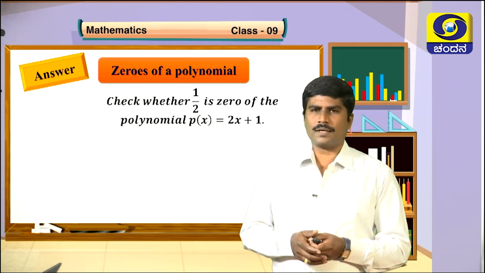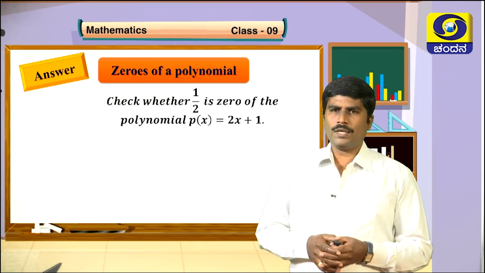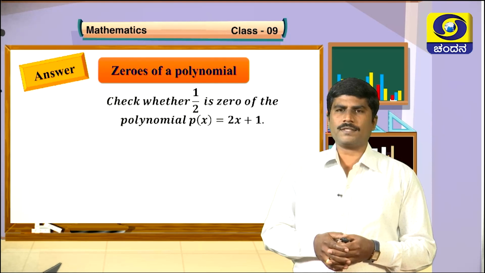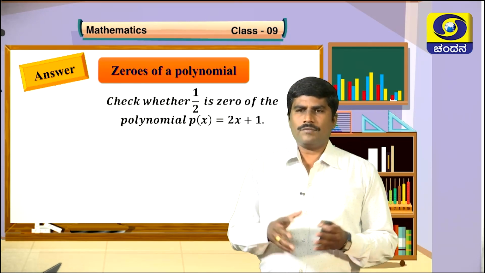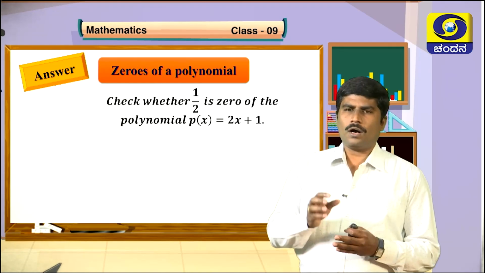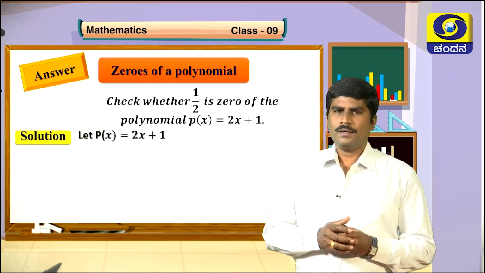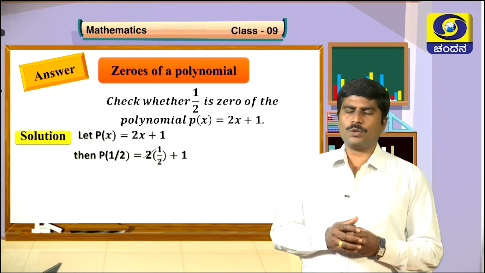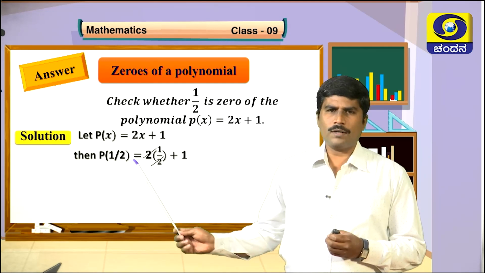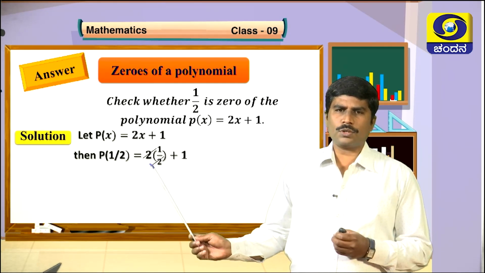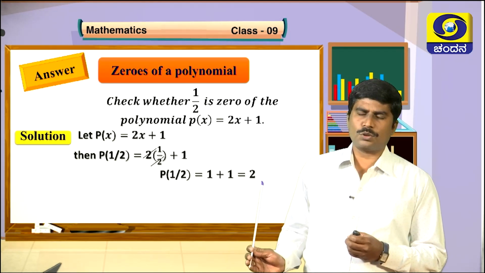The first question: check whether 1 by 2 is a zero of the polynomial p of x equal to 2x plus 1. Now we substitute x equal to 1 by 2. If you substitute 1 by 2, the 2s cancel each other and we get 1 plus 1 equal to 2.